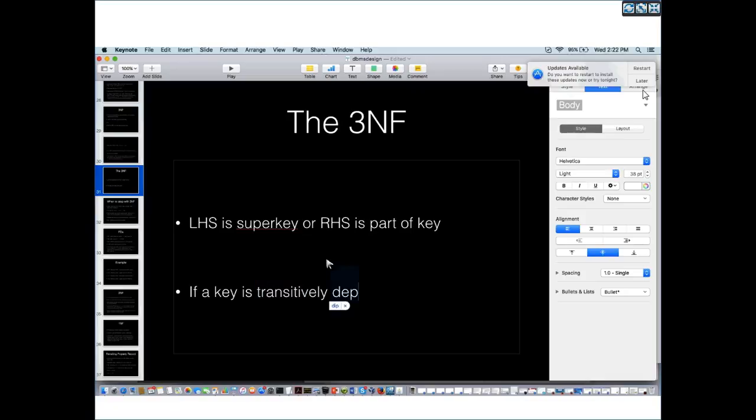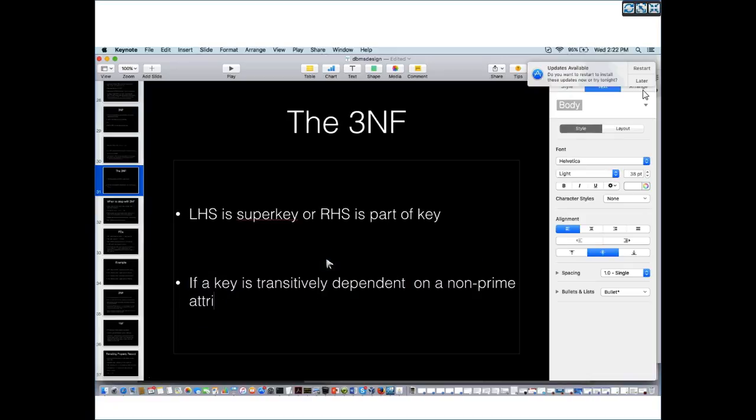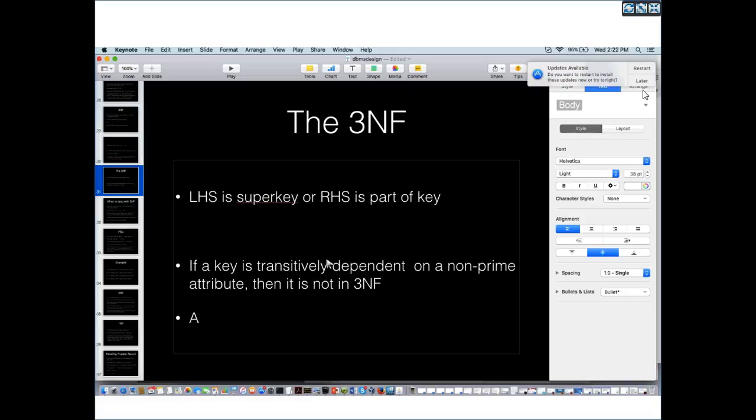What it says is, if a key is transitively dependent, this is very important, transitively dependent, on a non-prime attribute, then it is not in 3NF.